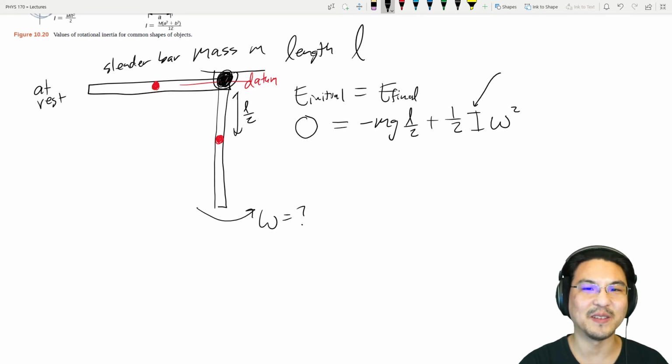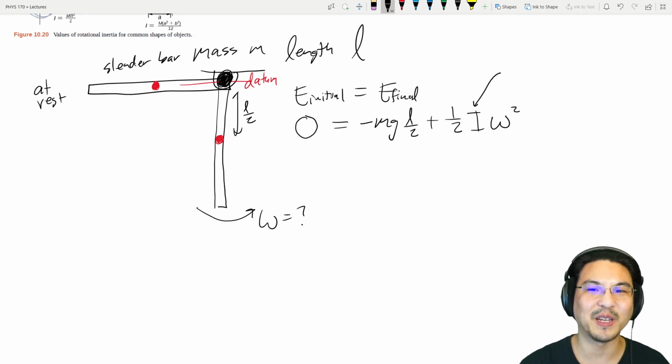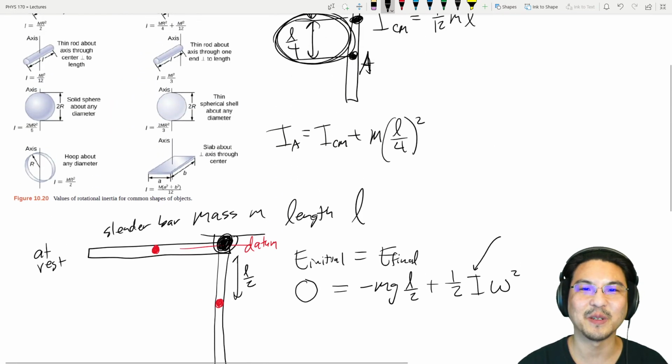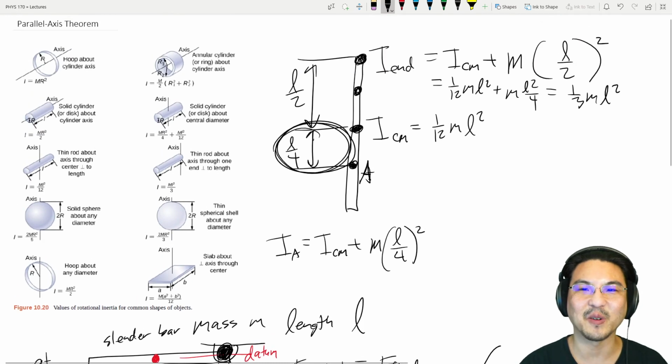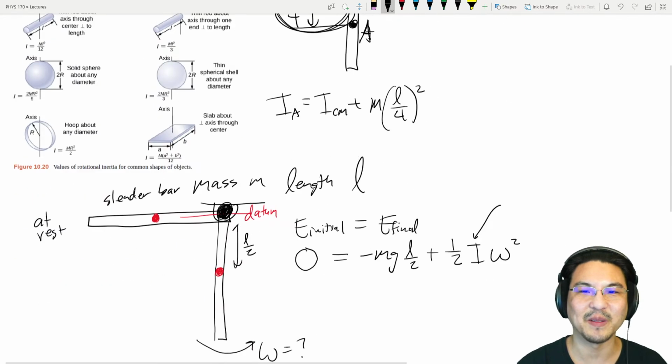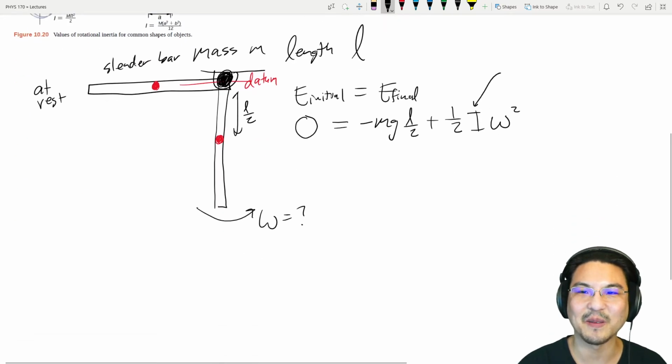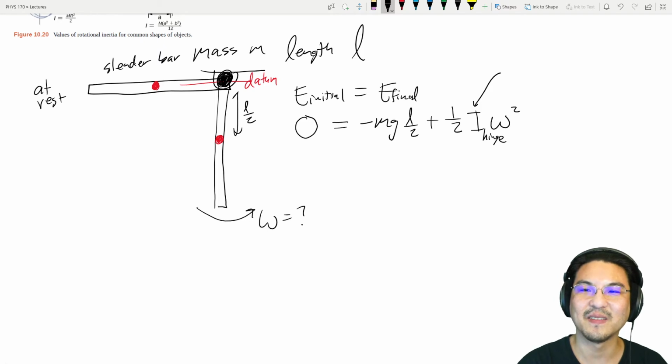about the hinge. So in this example, it's a bar rotating about the end, which we solved earlier over here. But let me rewrite it. So about the end, I'll say about the hinge, is about the center of mass plus extra.